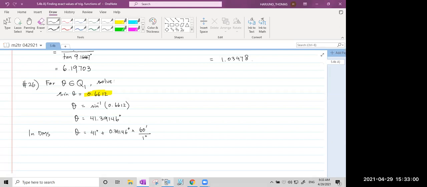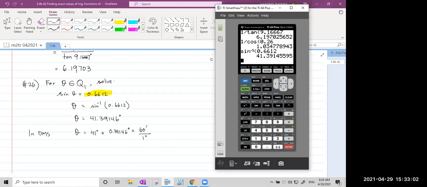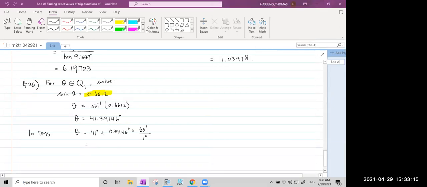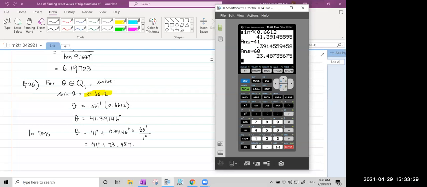So I will subtract 41 so that we get just the decimal part, and multiply by 60. That's 23.48736 minutes.